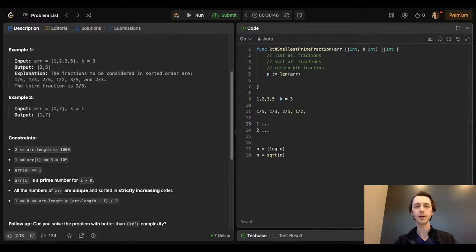So it's not like we just take 3 fractions with 1. It starts with 1/5, then 1/3, then it's not 1/2.